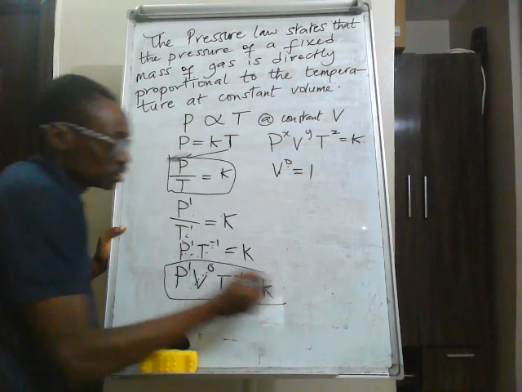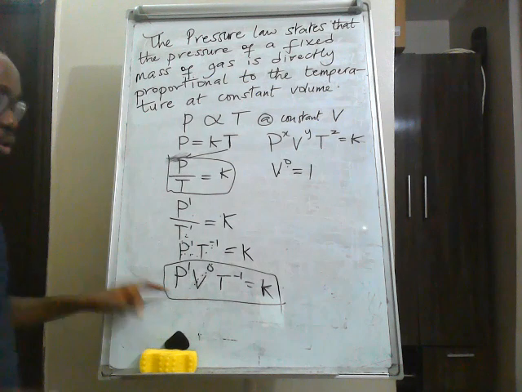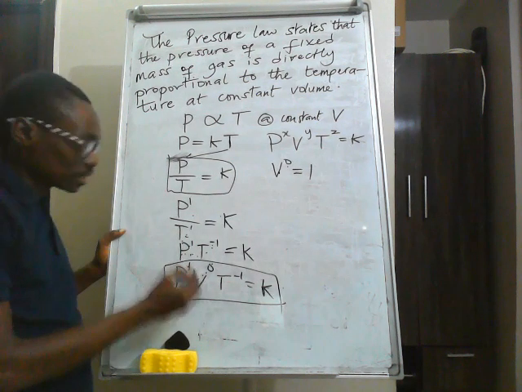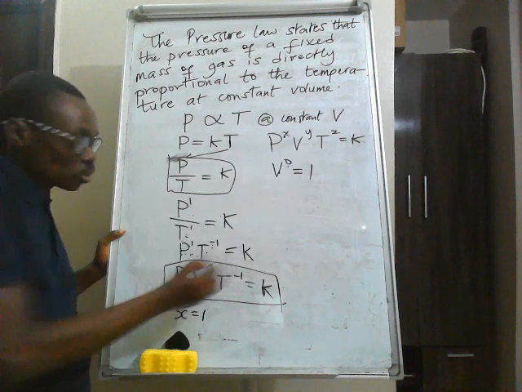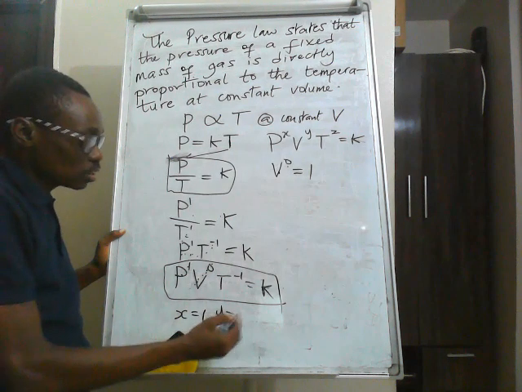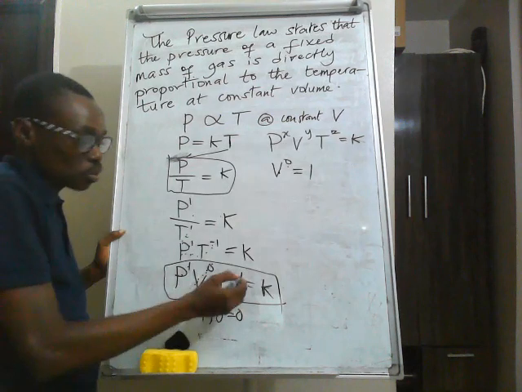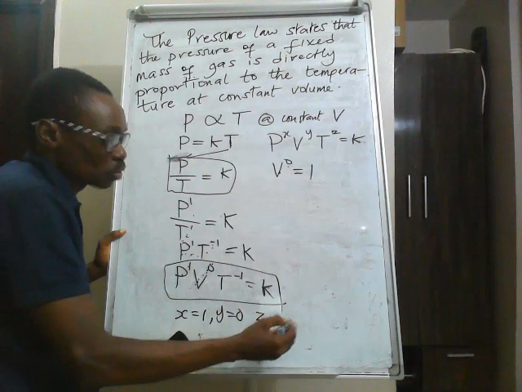So this is the pressure law. So your X is equal to 1. Your Y is equal to 0. And your Z is equal to minus 1.